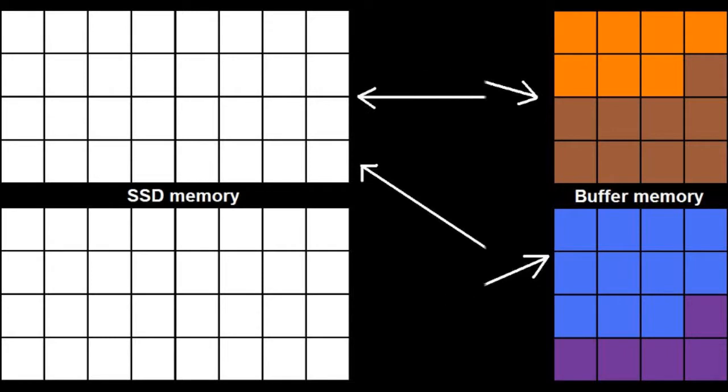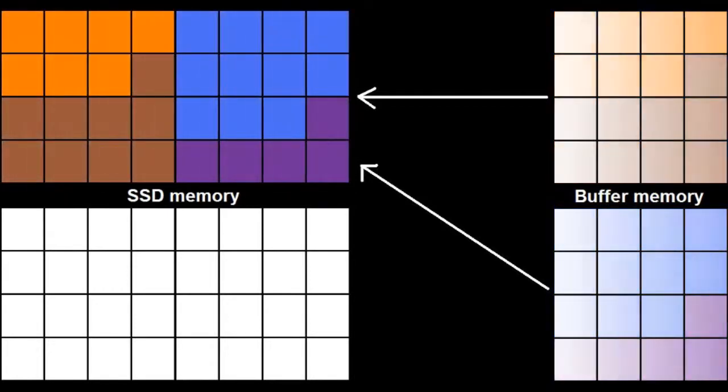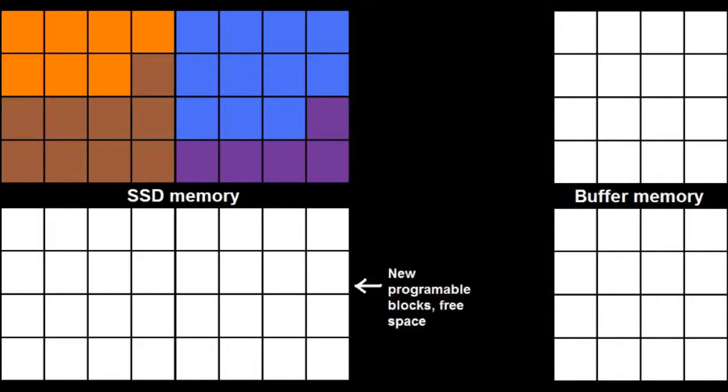Once the data is reorganized, the drive can go back and rewrite this information back into the drive. Now that the drive rewrote the information back onto the modules, if you look to the bottom, you have new programmable blocks.